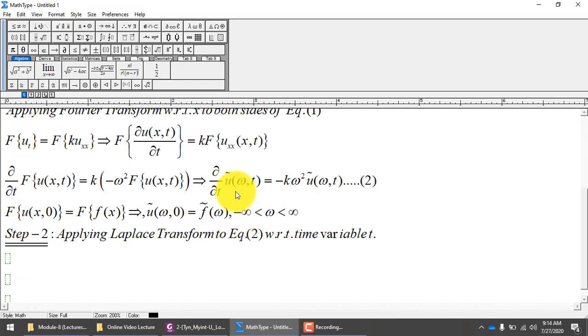If you apply the Laplace transform to both sides, then what will happen? What is the Laplace of the derivative? You know that the Laplace of the derivative is s y bar of u. So what do you mean by that bar? Laplace transform of this.